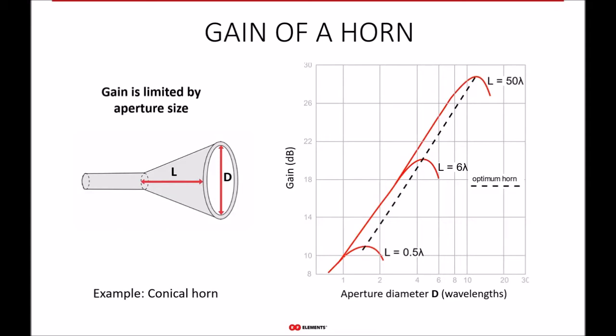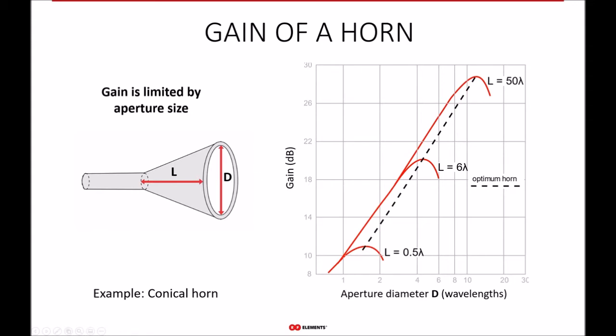Over the years, engineers have come up with graphs such as this one to speed up the design process of horns. There are three curves in this image, which are partially overlapping. These curves tell us how the gain of a horn changes with the changing aperture diameter, D. So it tells us the dependence of the gain on the aperture diameter.